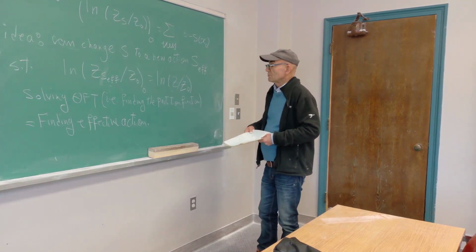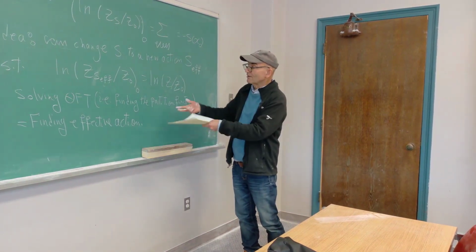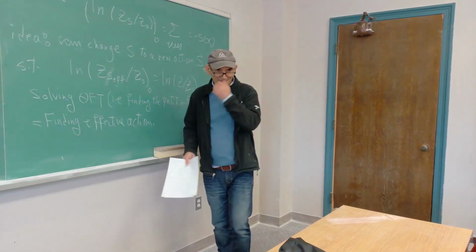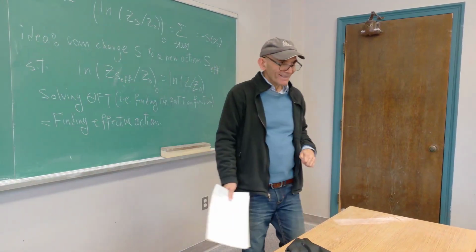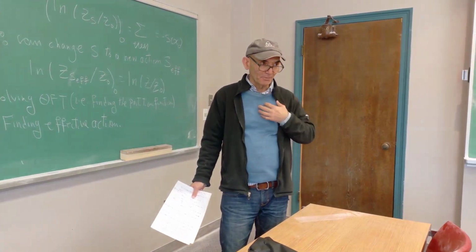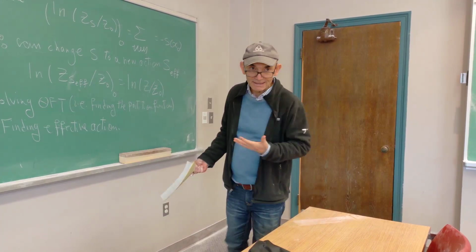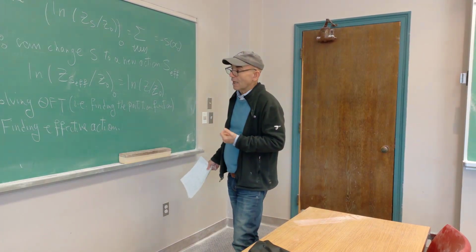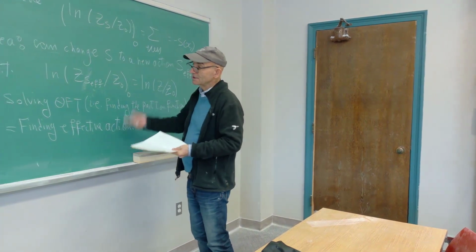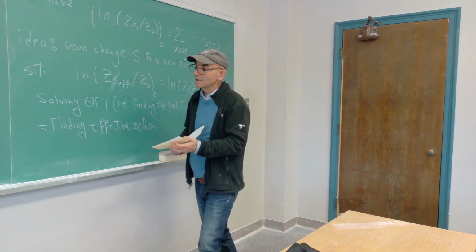So in other words, basically classical theory for the effective action becomes quantum theory for the original action. I mean, this is a mind-blowing idea if you think about it. Why should such a thing even exist? I don't know. That's quite an ingenious, daring idea.